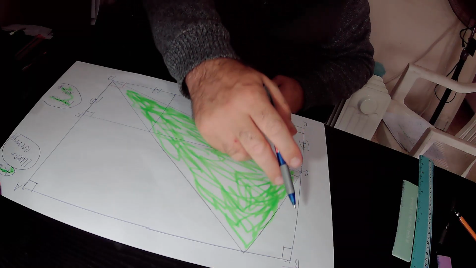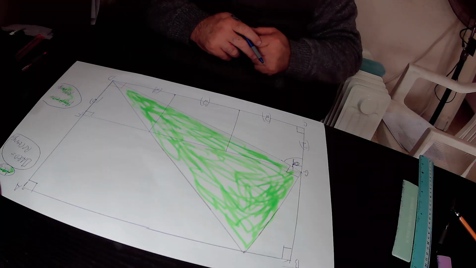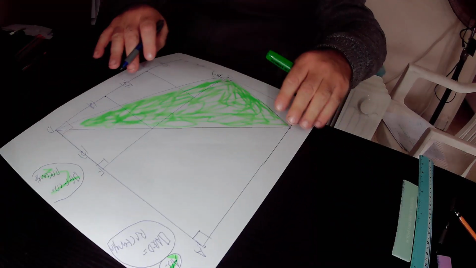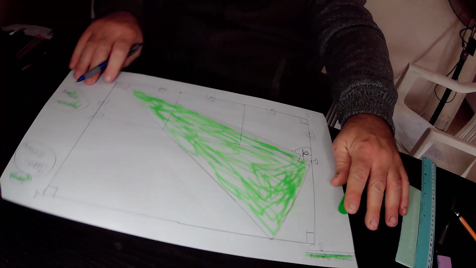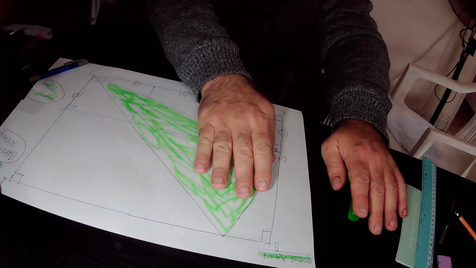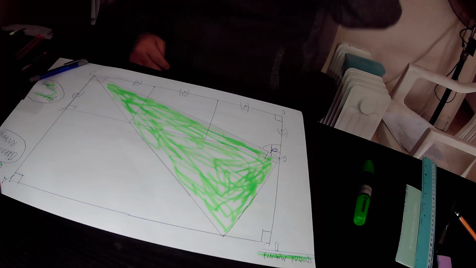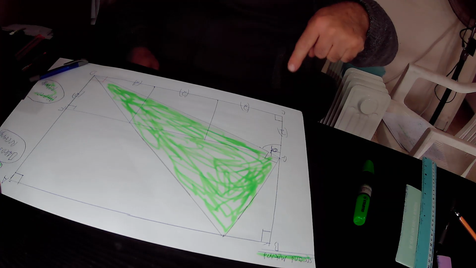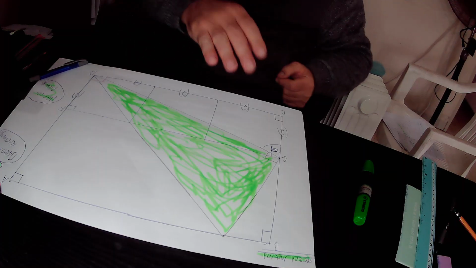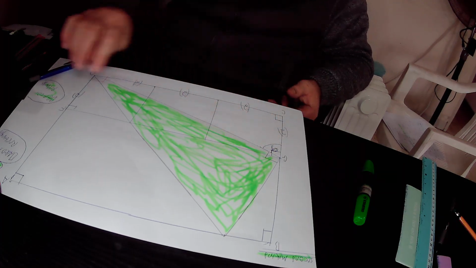So BC is a side line. If we focus on the right side of the side line BC at point G, the sum of the angles must be equal to 180 degrees according to rule 3. Rule 3 says that the sum of the angles on one side of a side line is equal to 180 degrees. So which angles do we have on the right side of the side line BC at point G?